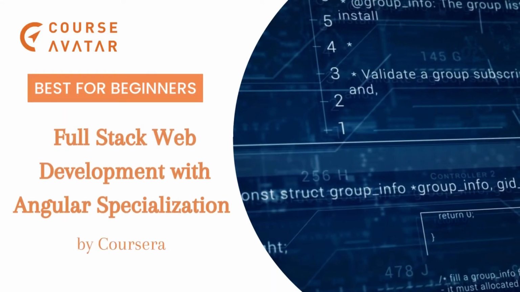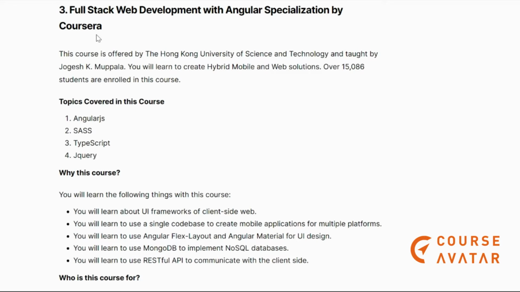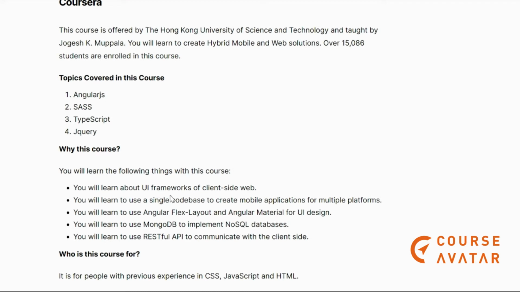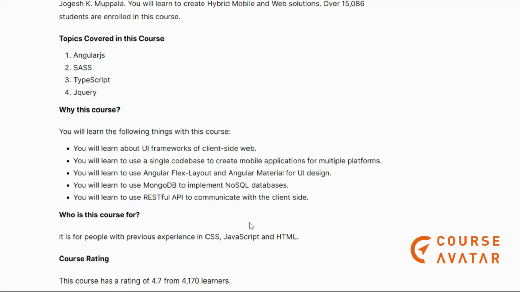The third course is Full Stack Web App Development with Angular Specialization. This course is also by Coursera, and it is offered by the Hong Kong University of Science and Technology. In this course, you will learn to create hybrid mobile and web solutions and learn CSS, TypeScript, jQuery, and AngularJS, and learn about the client-side UI frameworks and RESTful API communication with the client side, and MongoDB to implement NoSQL databases.